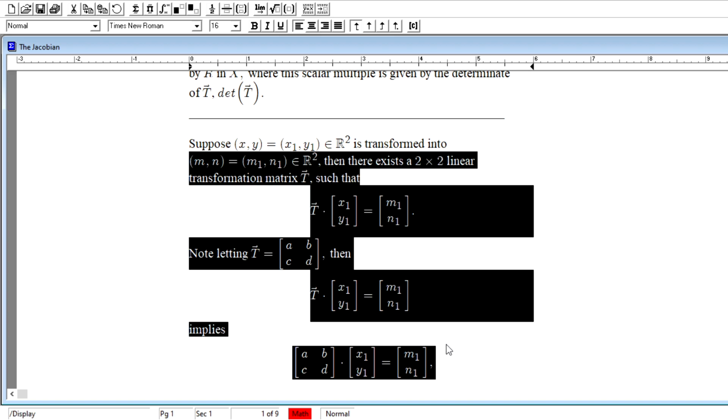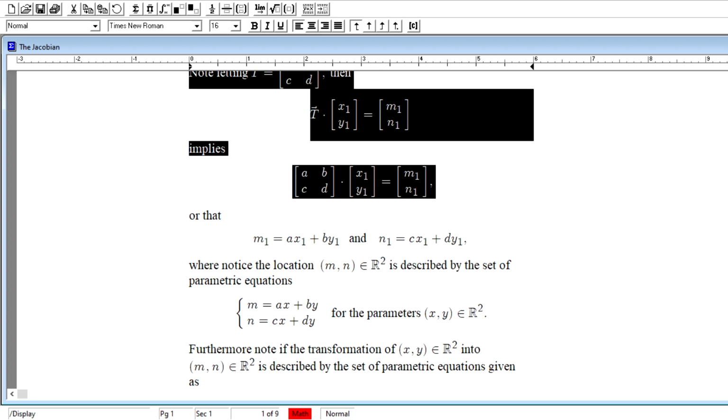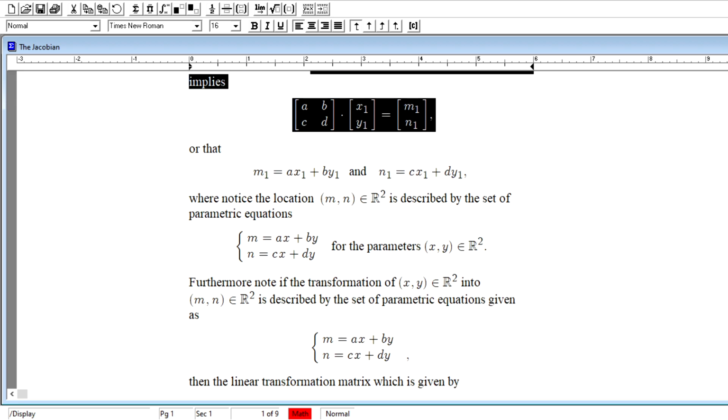Where if we do set that up in 2 dimensions, we have this set up here for both our descriptions of the points and for that transformation matrix.